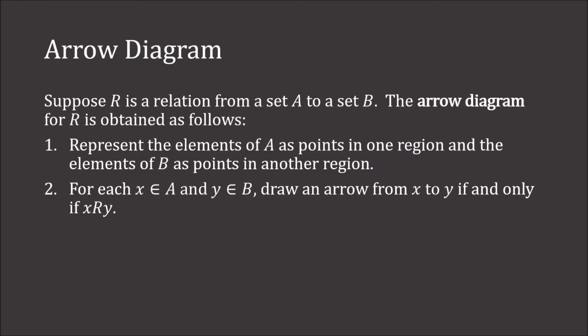Now suppose that R is a relation from a set A to a set B. The arrow diagram for R is obtained as follows. Represent the elements of A as points in one region, and the elements of B as points in another region. Then for each x in A and y in B, we draw an arrow from x to y if and only if x is related to y.